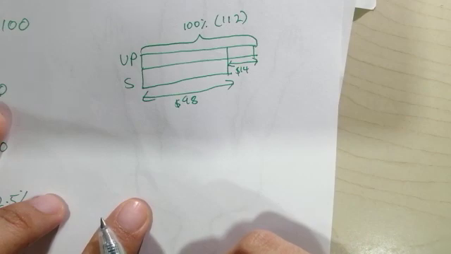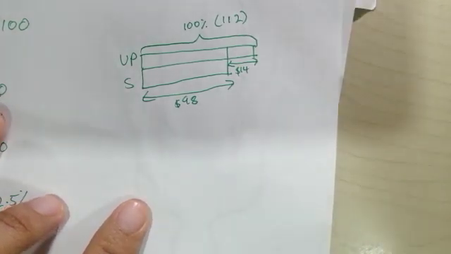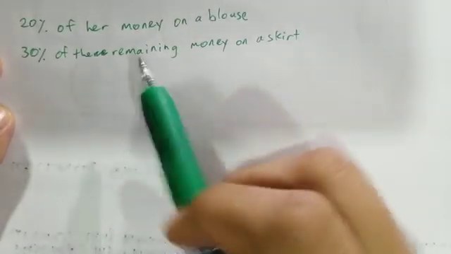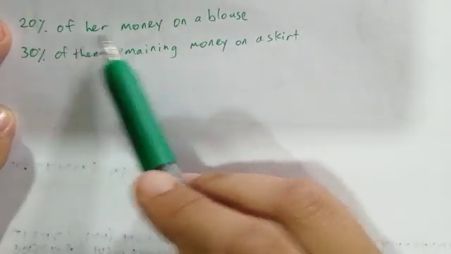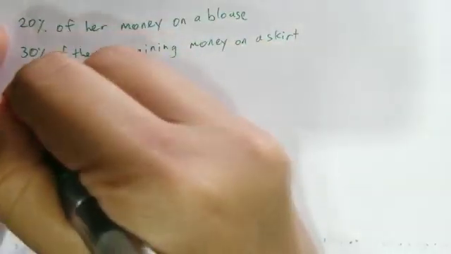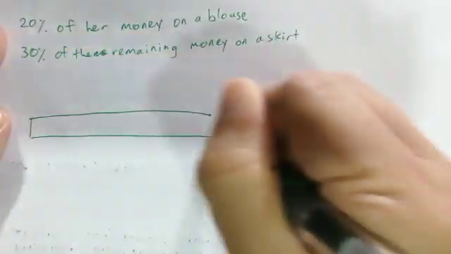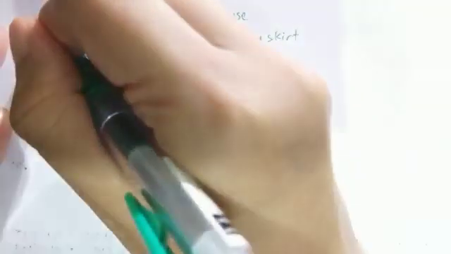Okay, moving on. Question number 7. Okay, so question number 7. She spent 20% of her money on a blouse. So that means I have 100% here. Remember, anything after the word of, this one becomes 100%. After the word of, it becomes 100%.